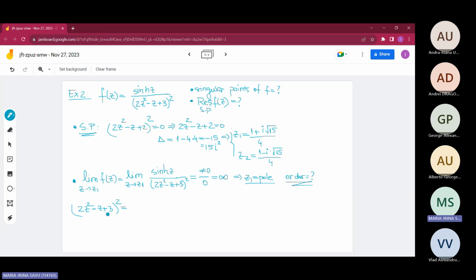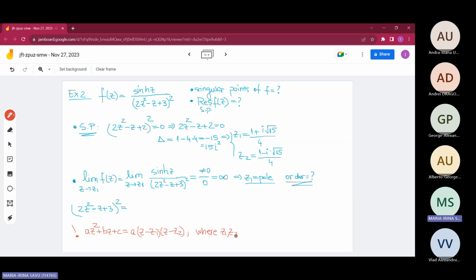So, if you have an expression, let's say az squared plus bz plus c, then this expression is written as a product in this way, a times z minus z1 times z minus z2. So z1 and z2 from here are the solutions to the equation, this one equals 0.